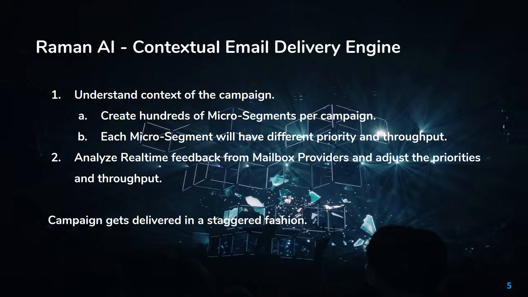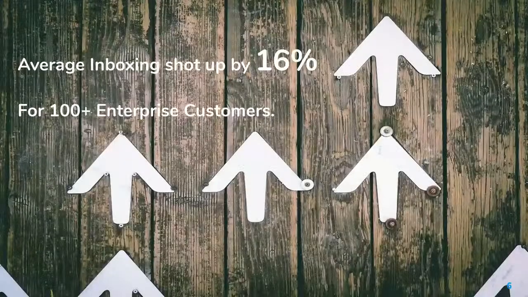So after all this hassle, delivering each of the campaigns with different throughputs, and taking the load of AI and everything, right? There has to be a result, right? So we have tested this on 100 plus enterprise customers of ours, and there is an average inboxing uplift of about 16%.